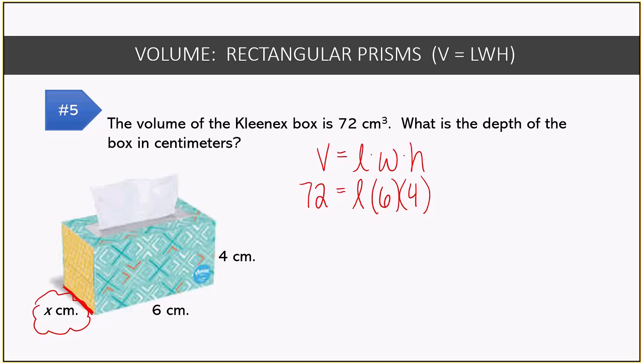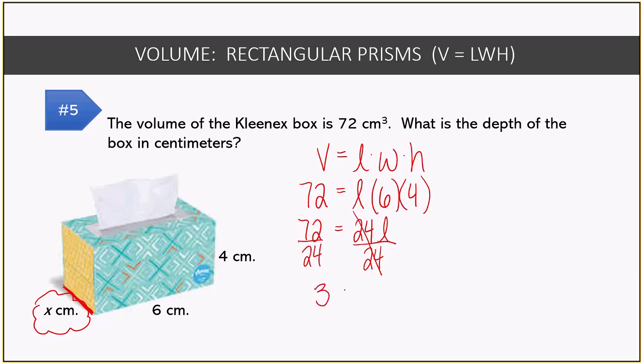So on the right-hand side, again, we want to multiply those two numbers together. And I'm going to write 24L instead of L24. Remember that typically when we write a number with a variable, we always put the number first, but the variable second. So 24L instead of L24. Again, though, this is multiplication, so we're going to undo multiplication through division. 72 divided by 24 is 3.